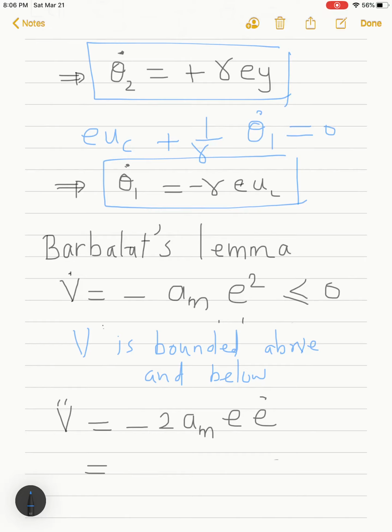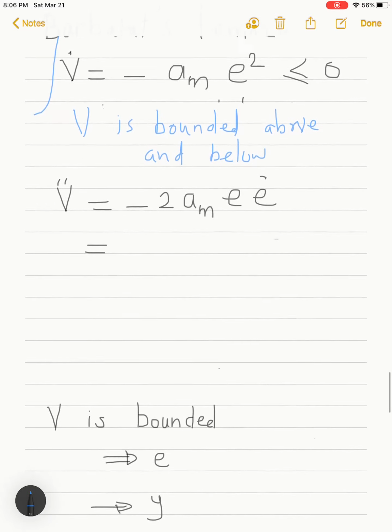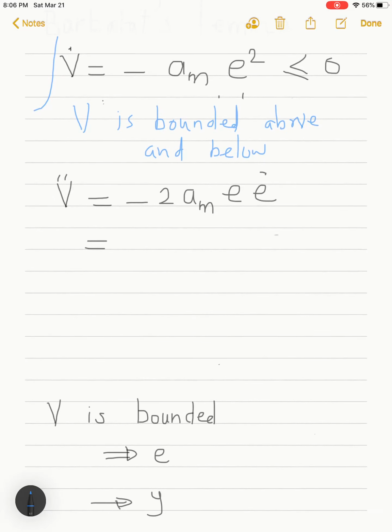So we differentiate the equation for V dot, and that would be minus 2 a_m times e dot. So I'm going to substitute here for the equation of e dot.